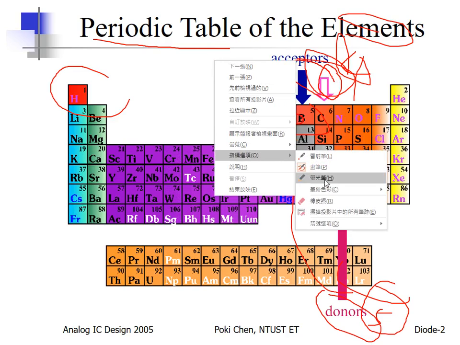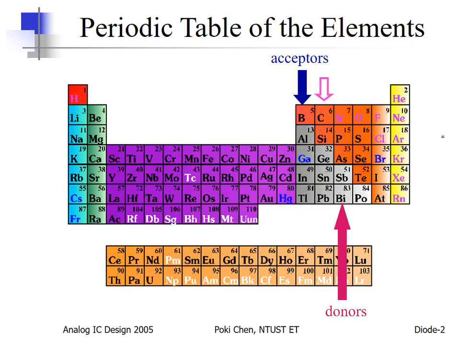Anyway, let's focus on the very beginning. Who will be the best candidate, even for this column? From the beginning, carbon. Is carbon good? For electrical property, yes. It can conduct quite a lot of current.